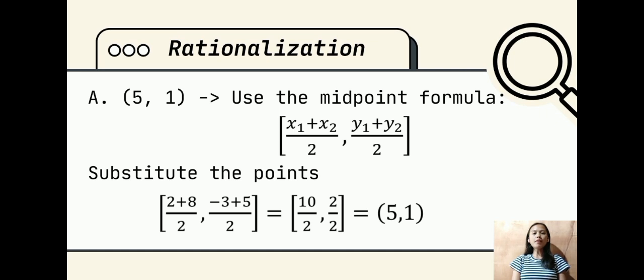Using the midpoint formula, we have ((x1 + x2) over 2, (y1 + y2) over 2). Substitute the points: (2 + 8) over 2 for x, and (-3 + 5) over 2 for y, which is 10 over 2 and 2 over 2. 10 divided by 2 is equal to 5. 2 divided by 2 is equal to 1. So our answer is (5, 1).